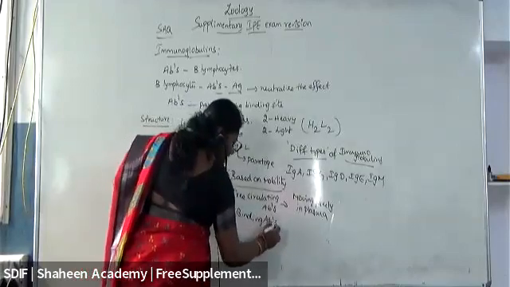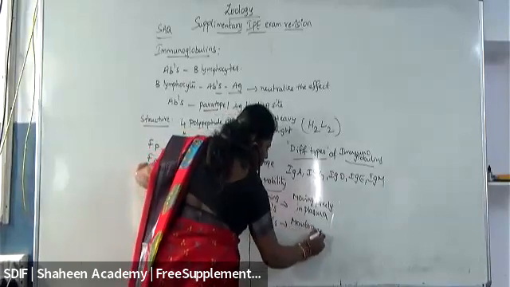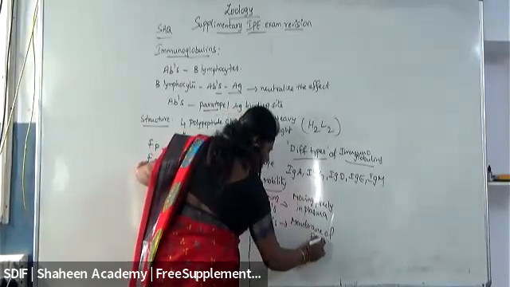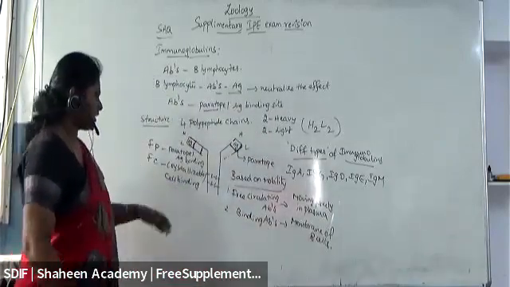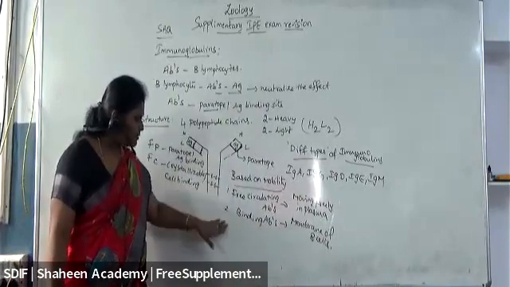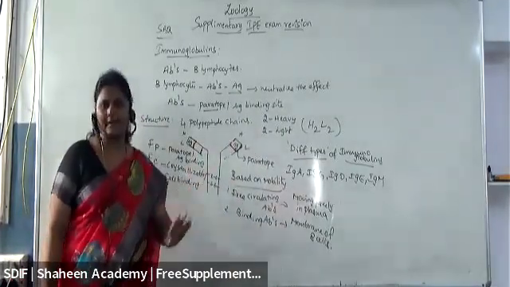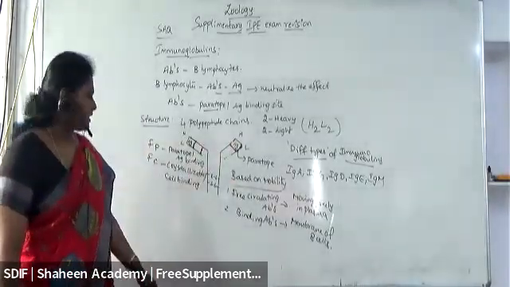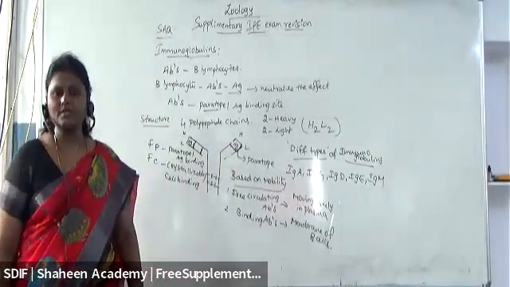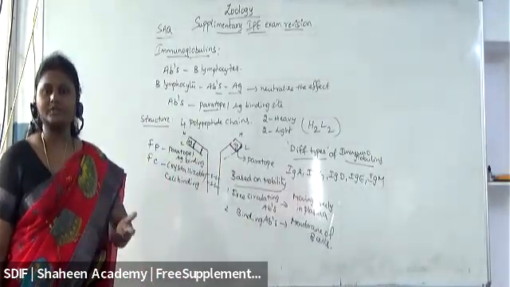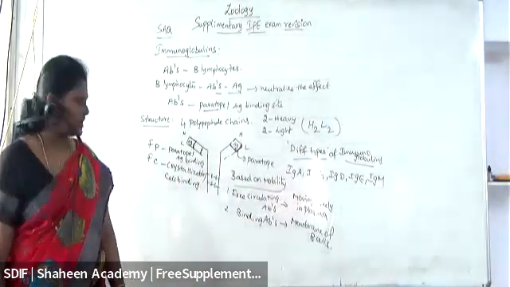That means these antibodies are present on the membrane of B cells only. Clear, understood? So one is free circulating antibodies, moving freely in the blood plasma, and the other is bound antibodies, attached to the membrane of B cells or to macrophages, something like that.